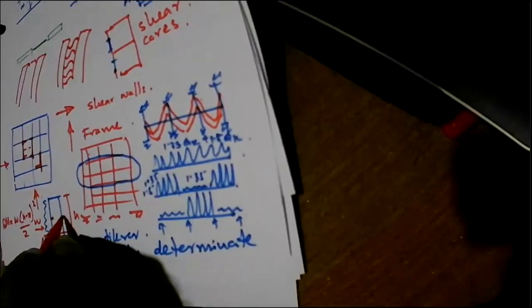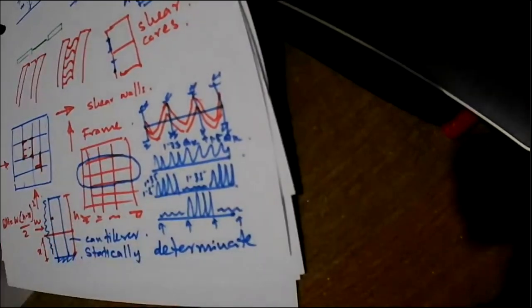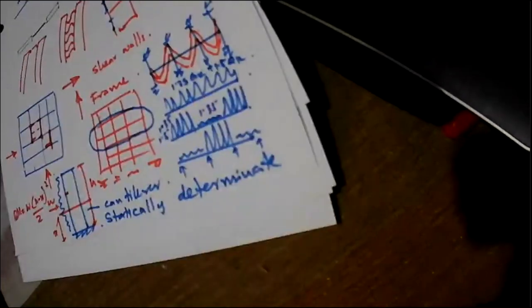That is W times (H minus X) will give the force, and then (H minus X) by 2 will give the distance to the centroid. So the bending moment is equal to the force multiplied by the lever arm. You will get the bending moment at any level as W times (H minus X) squared divided by 2, which means the structure can be analyzed without using the computer.